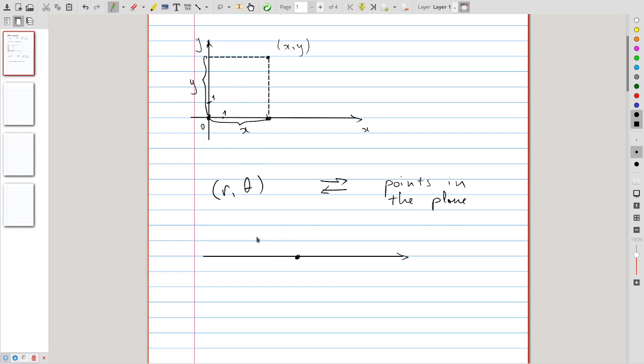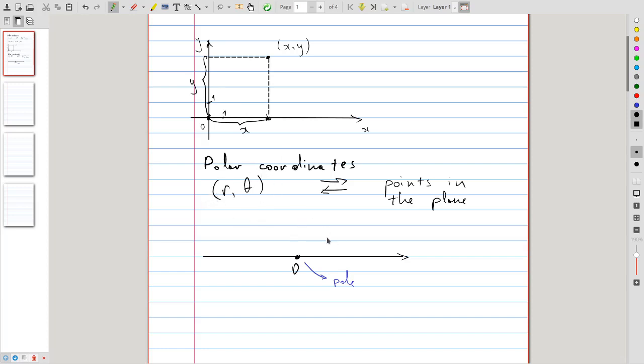So for polar coordinates, you fix the origin, which you call the pole, and the axis, and then you work your way like so. Suppose that r and theta are positive for simplicity.